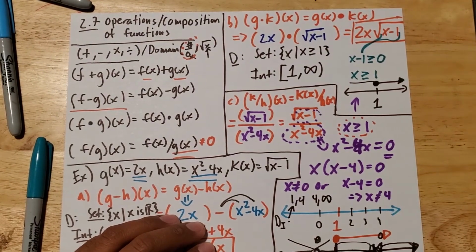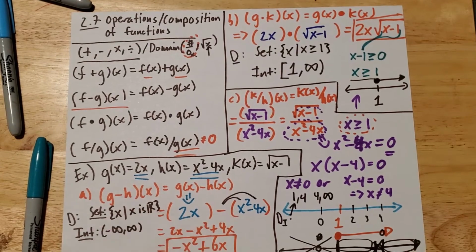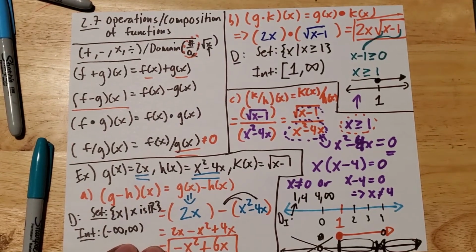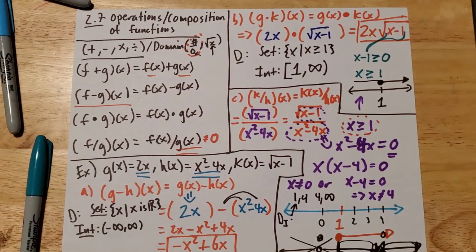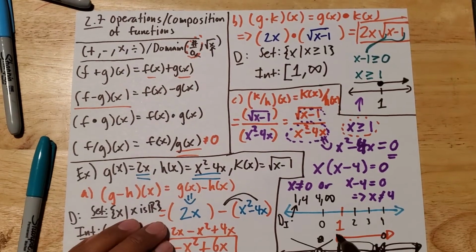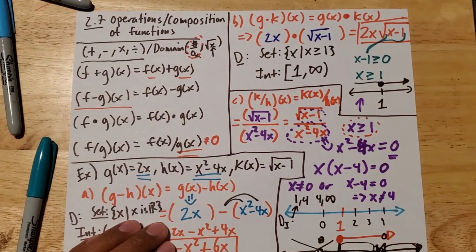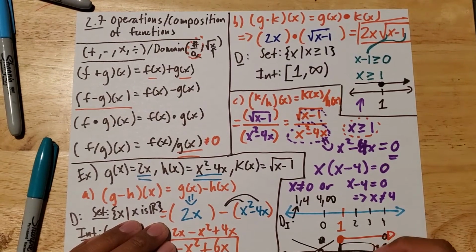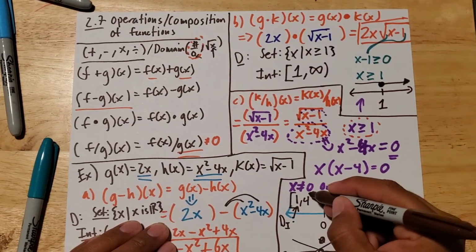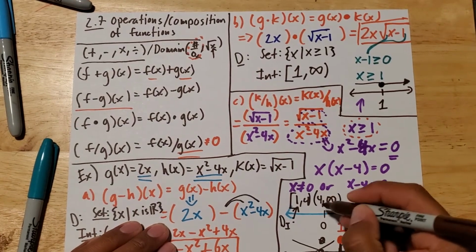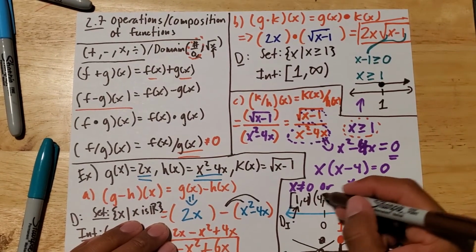But 1 is perfectly okay with the k of x and h of x. Perfectly fine. There's no problems here. So that means everything starts at 1 but ends at 4. But since 1 is perfectly okay, there's a bracket around 1 and then parentheses around 4.